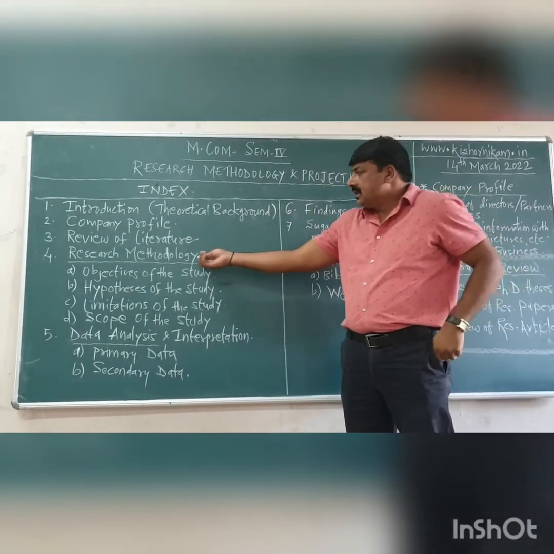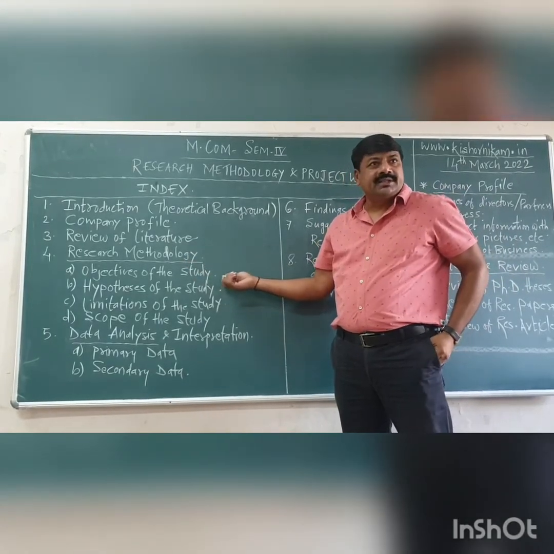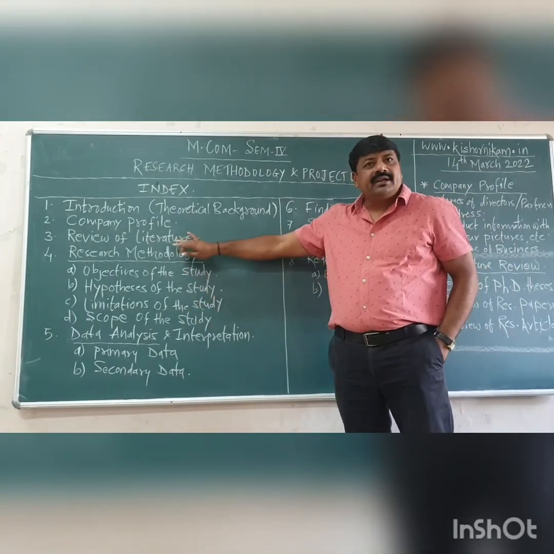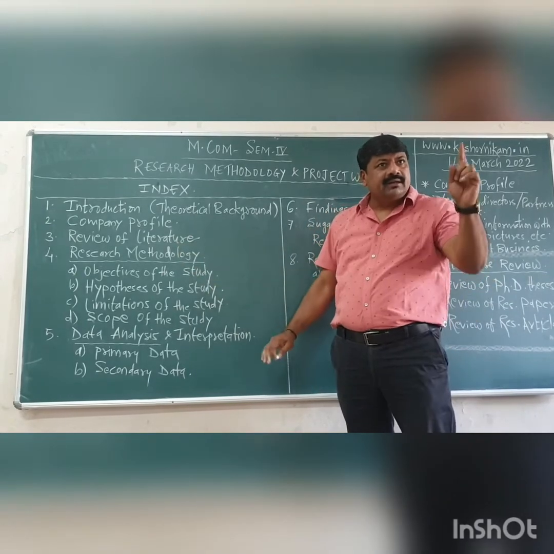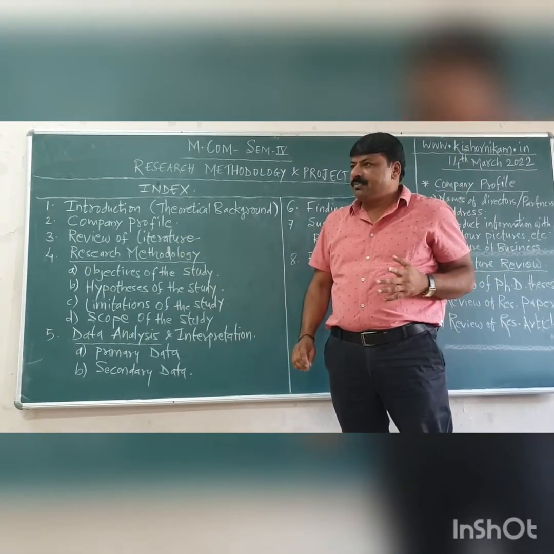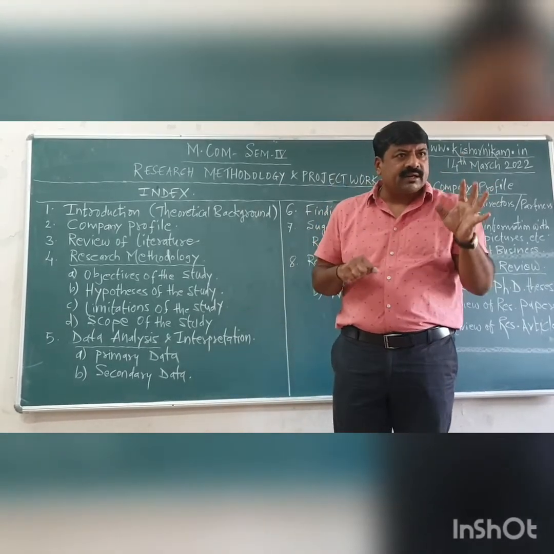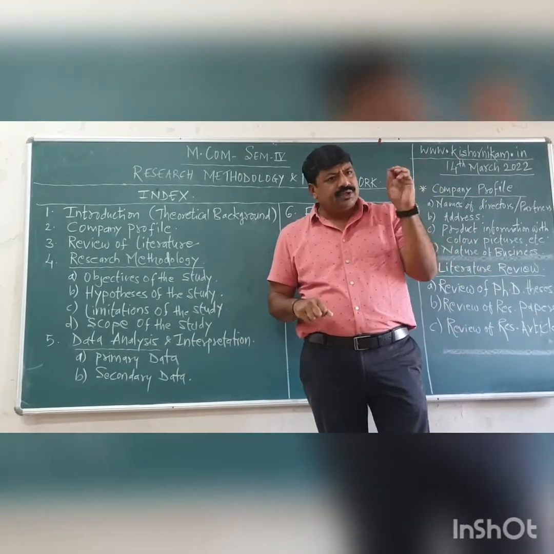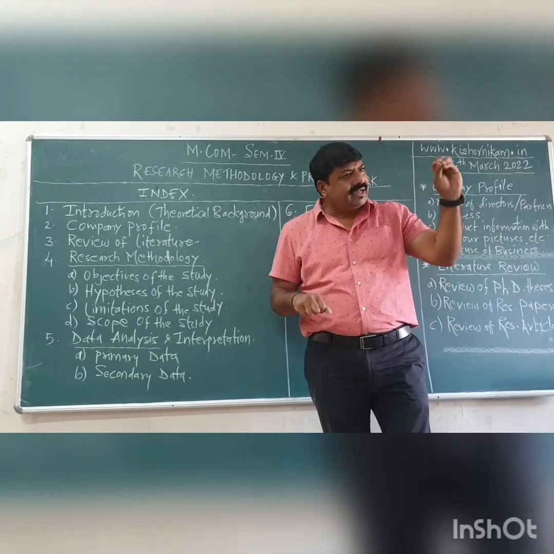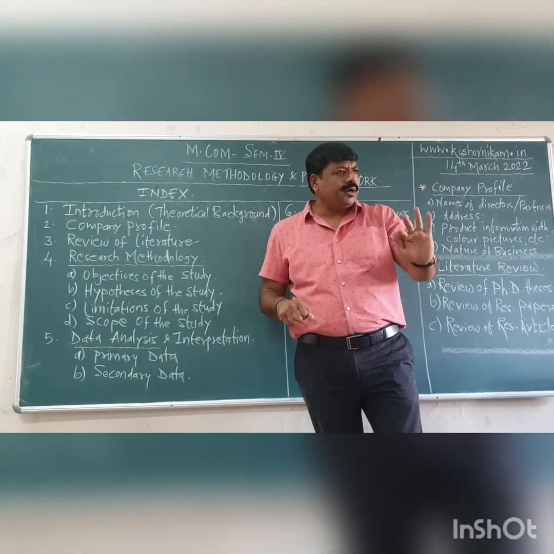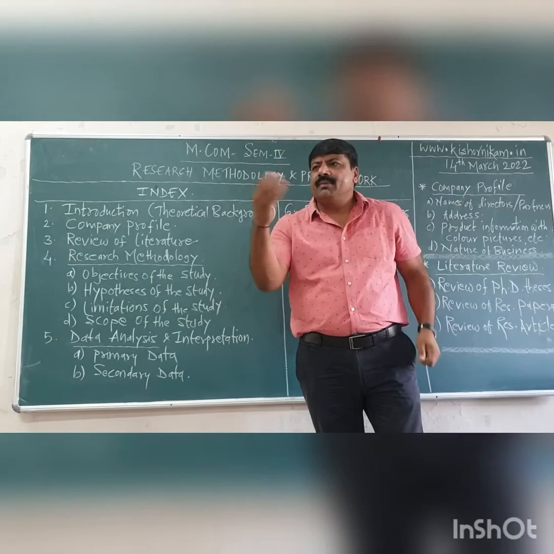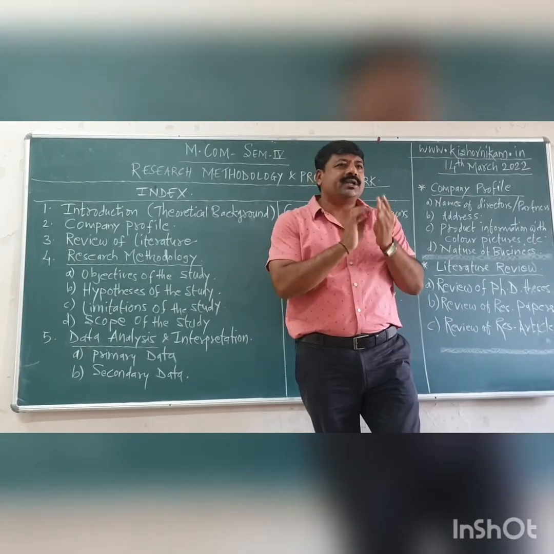Then research methodology. I have written 4 points in methodology. Number 1, objectives of the study. When you write the objectives of your project, you have to write at least 3 to 4 objectives. You can write 5 or 6 also. For example, I'll teach you how to write objectives.